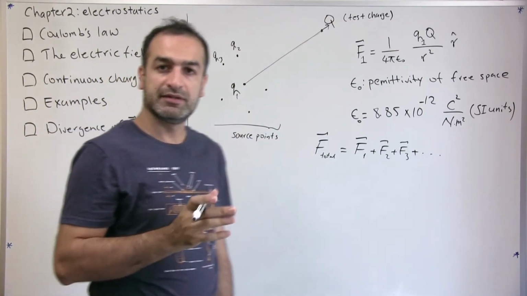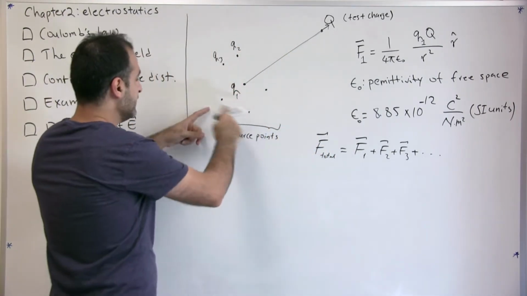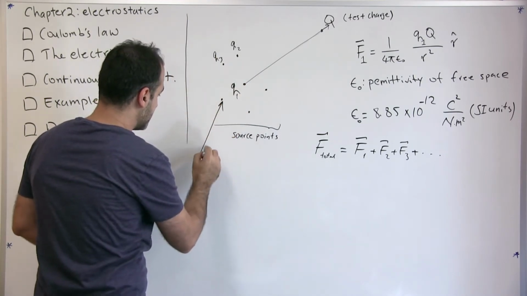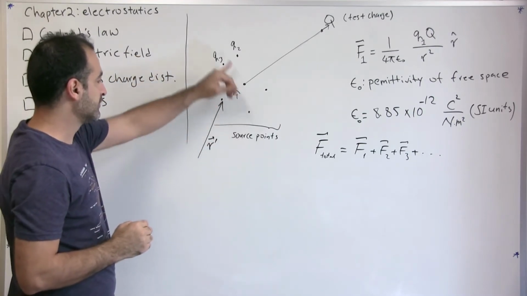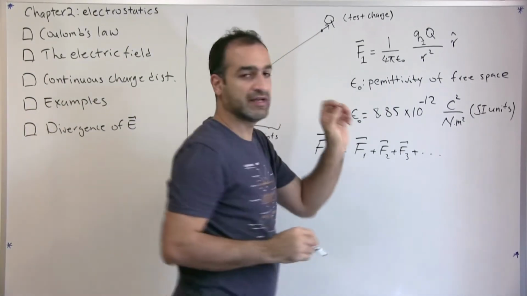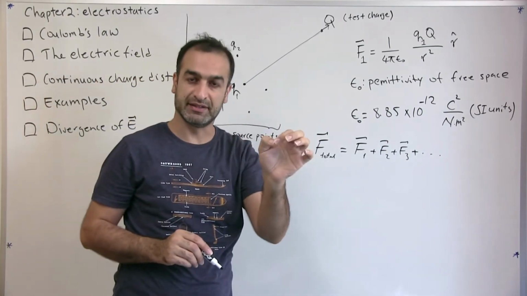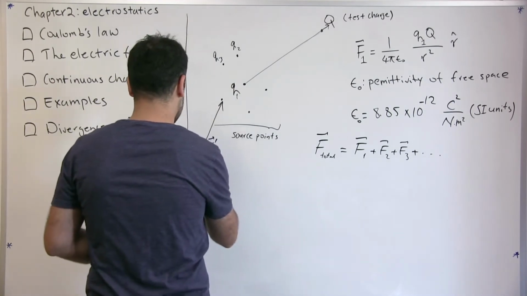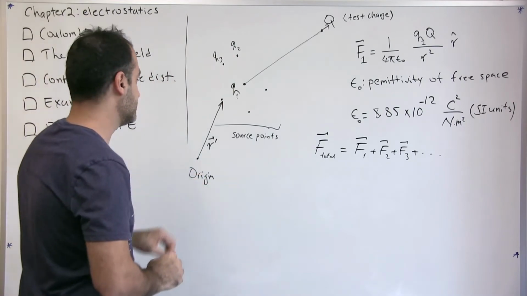The notation that we use in this course and in this textbook is like this. For any source points, the position that we use prime notation. We use R prime for each of these. And for the test charge, where we are very interested in calculating what kind of electric field is created by other charges, we use the non-prime position. So let's imagine this is the origin of the coordinate system.